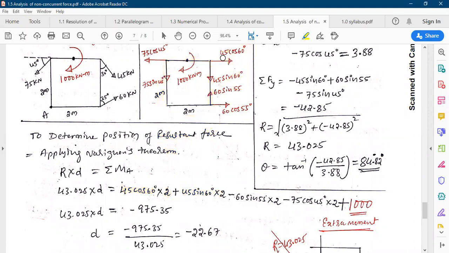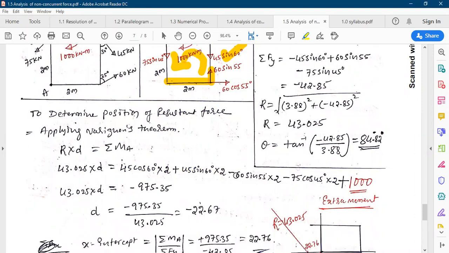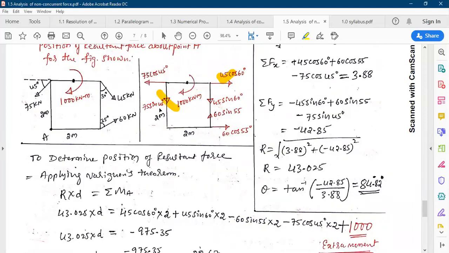So we have done this and this. Consider this component, which is located at a distance of 2 meter and is rotating anti-clockwise. It rotates the body in the anti-clockwise direction, so that is why it is minus: minus 60 sin 55 multiplied by the perpendicular distance 2. Minus is because of anti-clockwise moment. Similarly, this component will not create moment, and this component will not create moment.